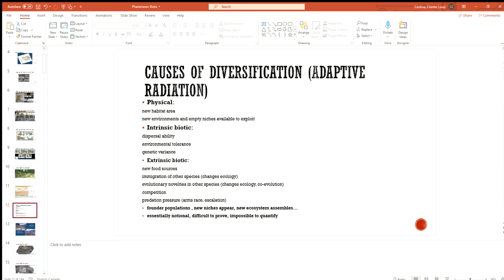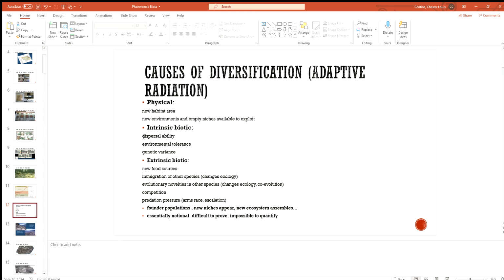Okay, so memorize this: causes of diversification, adaptive radiation. Memorize what the causes were in the physical, intrinsic biotic, and extrinsic biotic categories, and know them. We'll go through them quickly. Physical: new habitats, new environments.